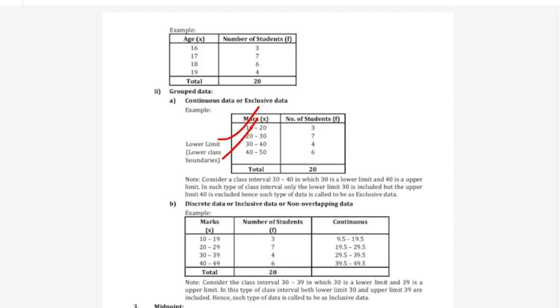Similarly, the marks 40 are not recorded in 30 to 40, they have been recorded in 40 to 50. That means if you refer to my note, I have mentioned here that this given type of data includes only the lower limit, whereas it excludes the upper limit.